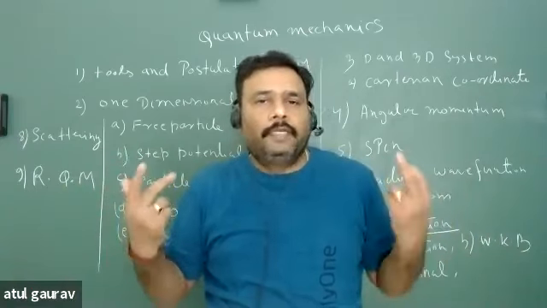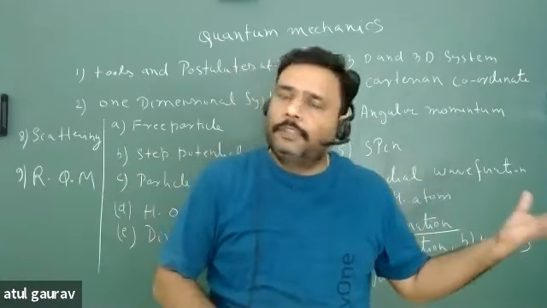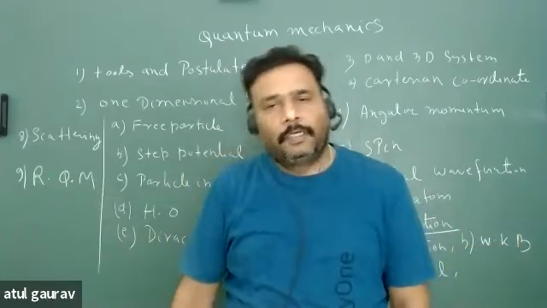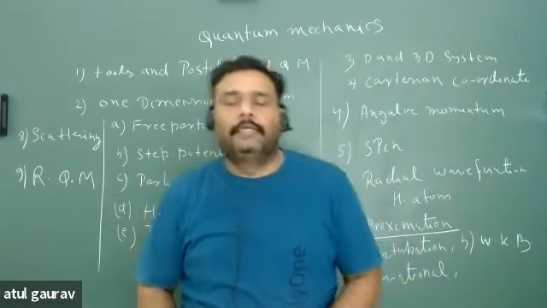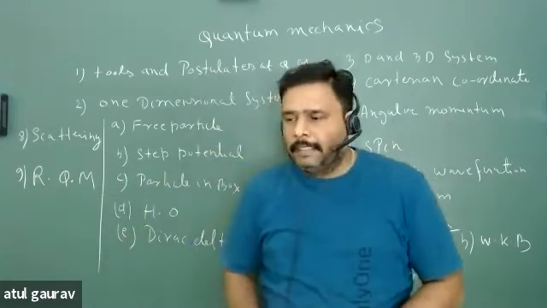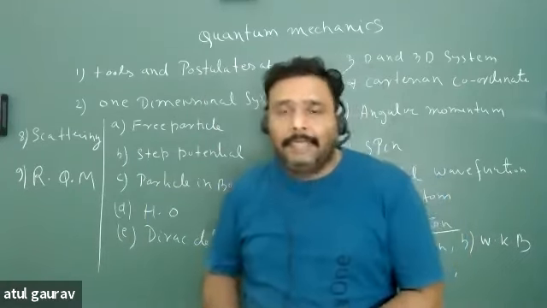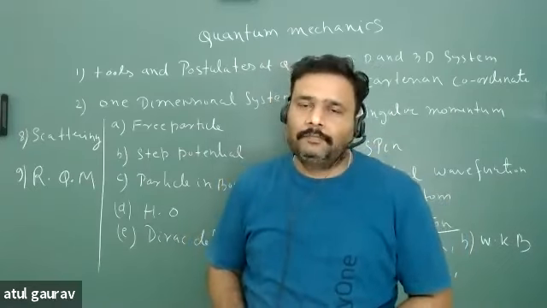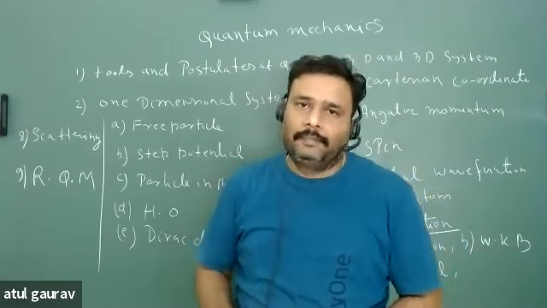Two tools are very important in physics mainly. The first we have used in classical mechanics. The second, we are going to use from quantum mechanics. So this is the actual thing of quantum mechanics. Whether you understand it or not depends on you, but we have to apply it.